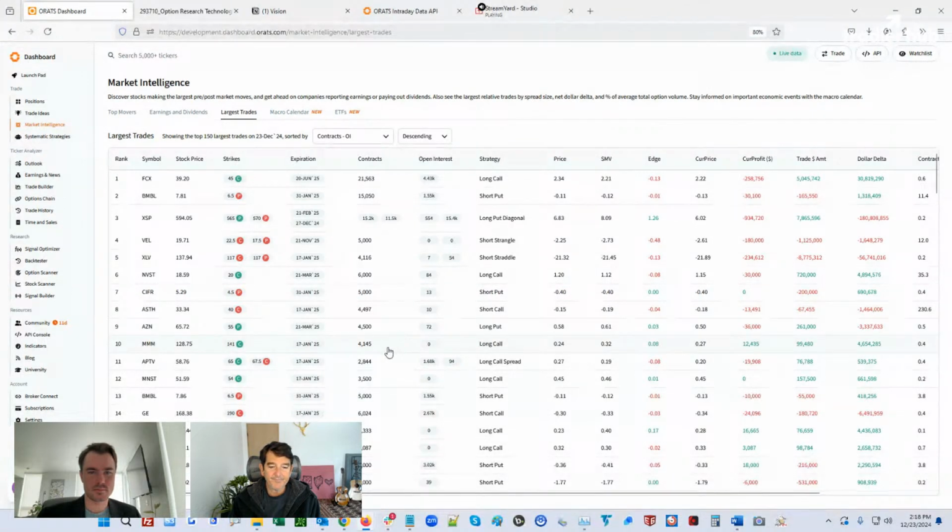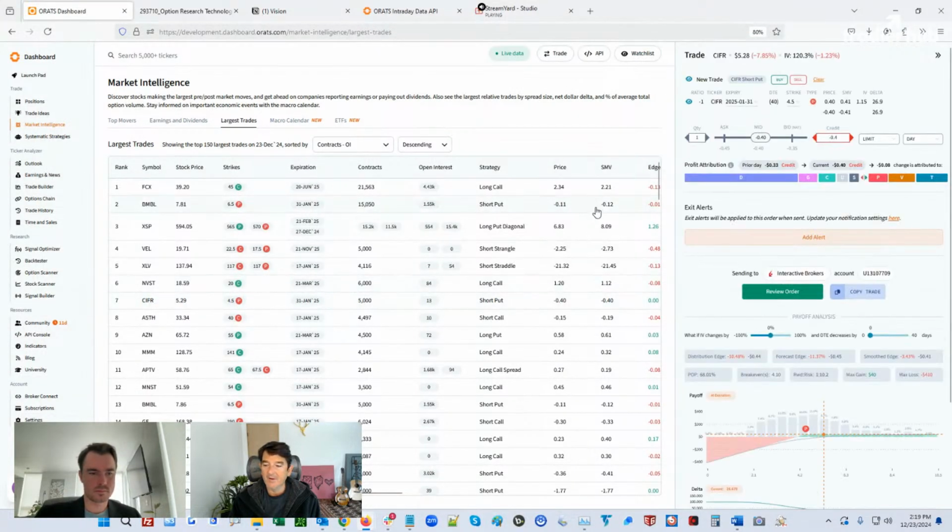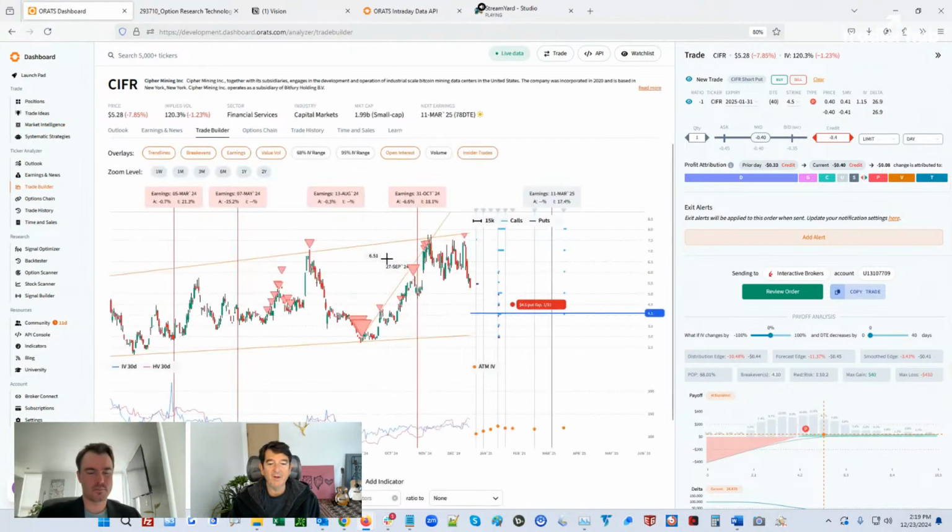So here's someone buying a 3M call, selling a put in CIFR. Again, that's a 40-cent, 4.5 put. That might be interesting to look at. So let's look at this in the trade builder. I think it's really cool how you could click on it and go to the trade builder and have it pop up.